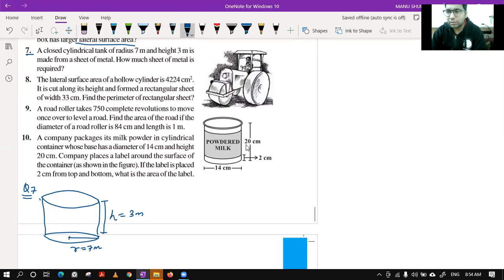How will you find that, class? Obviously, that metallic sheet's area should be equal to, class, please confirm. The area of sheet required can be found by what?